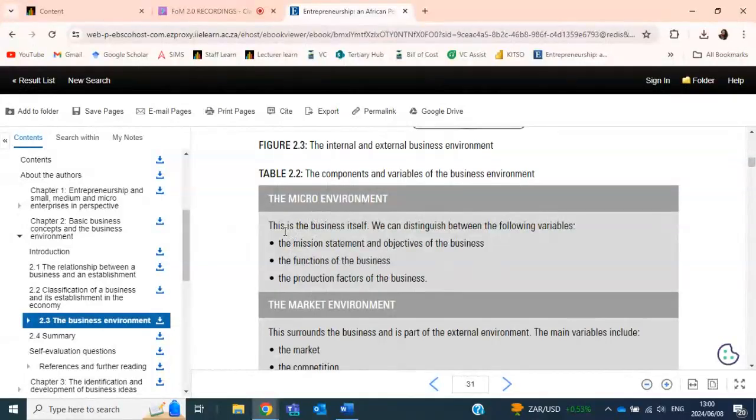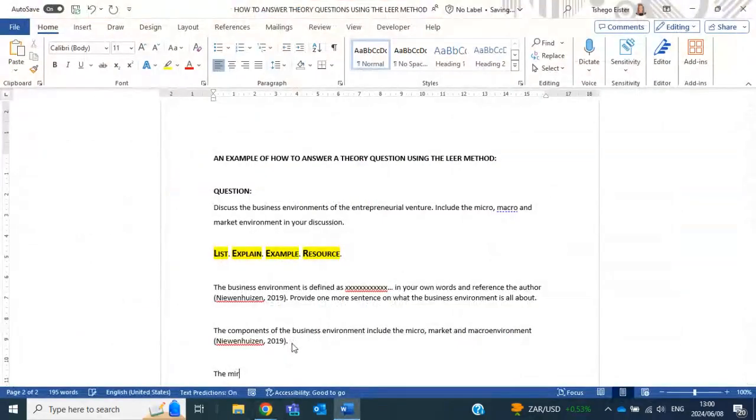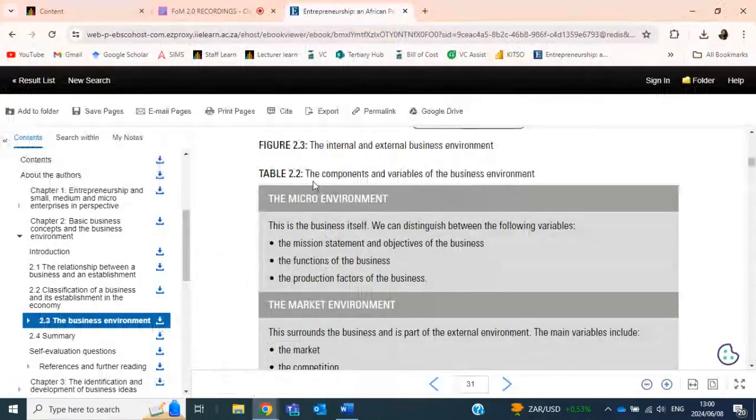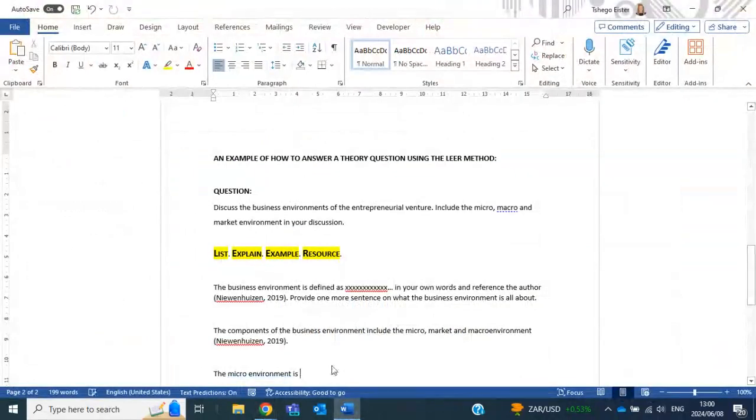the micro environment, this is the business itself. We can distinguish between the following variables. The micro, then you will say the micro environment is, remember we have to write everything in your own words. So you're not going to say is the business itself, you can say is the actual business, because now we are paraphrasing, right?